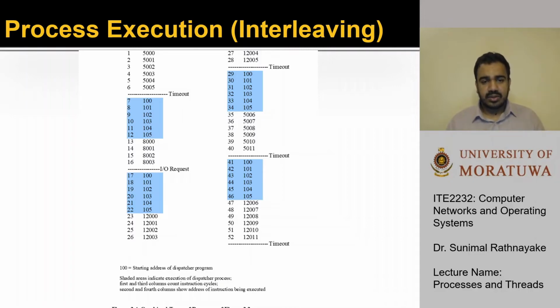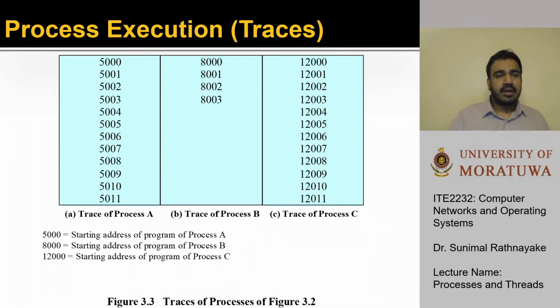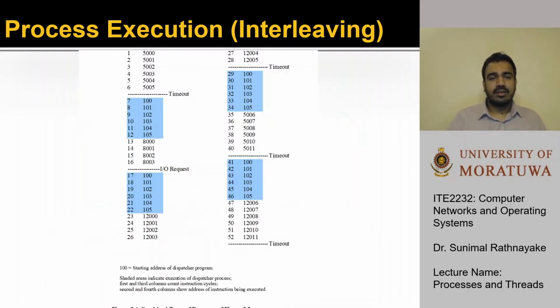That's the timeout. In this case, the processor is only executing half of the process A trace. The process A trace goes from 5,000 up to 5,011, but the execution trace only goes up to 5,005, and there's a timeout.